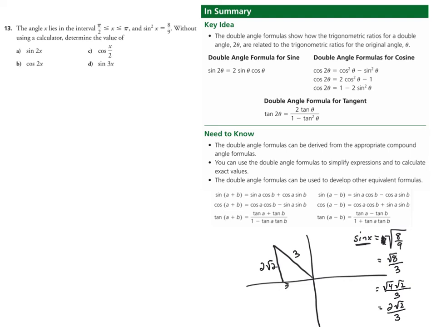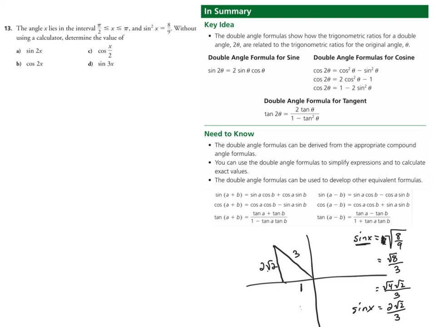So this is going to be 3 squared minus 2 root 2 squared by Pythagorean theorem. So this is going to be 9 minus 2 root 2 squared is 4 times 8, so 8, and this just equals 1. So let's erase all that. We can say this is 1, 2 root 2, and 3. So the sine x is 2 root 2 over 3.